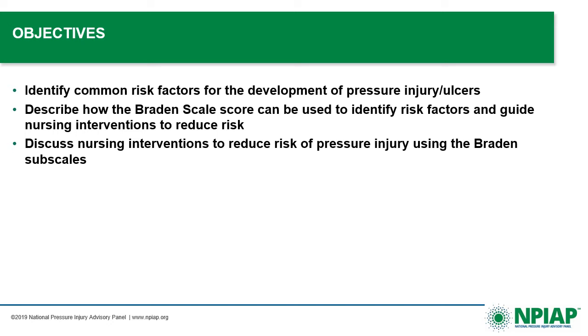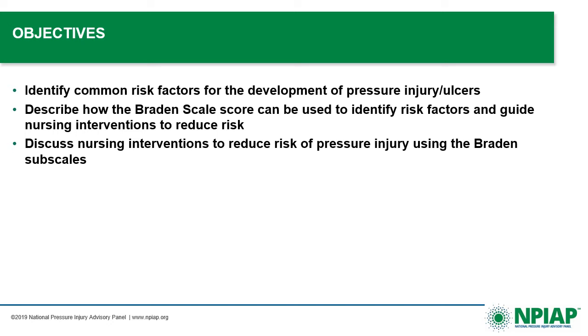So what we're going to look at is a product called the Braden scale to identify areas of risk, and then we're going to look at nursing interventions that are targeted to those areas of risk. We will also look very briefly at one condition that is not on the Braden scale per se, and several other conditions that equally increase risk, but we really don't have a good set of interventions for them today.